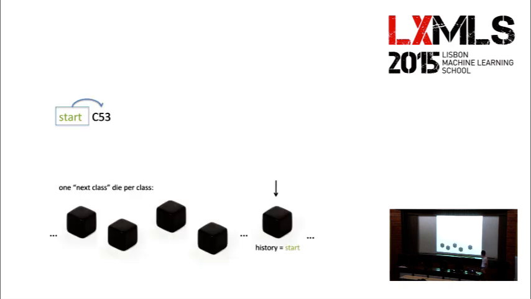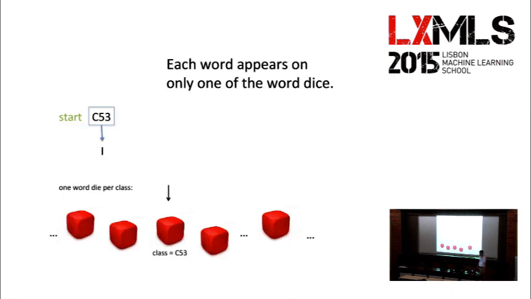So the way it works, first I start, then I go to my next class given previous class set of dice. I have a number of classes dice. Each one gives me a distribution over the next class. I pick up the right one, the one for start. I roll it. I get C53. And then I go to my other set of dice, the red ones. There's one for every class.